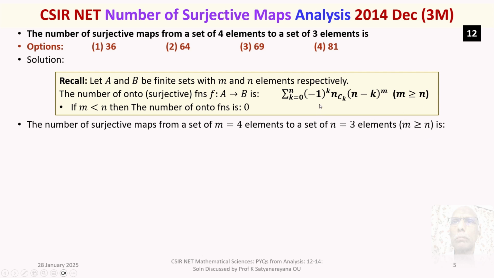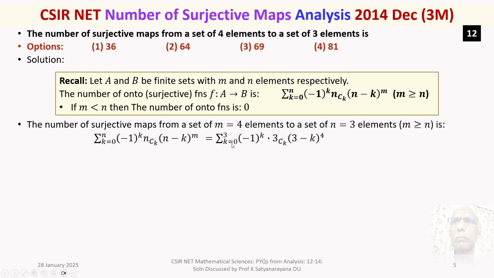We apply this formula: sigma k equal to 0 to n minus 1 to the power of k into nCk into (n minus k) to the power of m. That's equal to sigma k equal to 0 to 3 of minus 1 to the power of k into 3Ck into (3 minus k) to the power of 4.